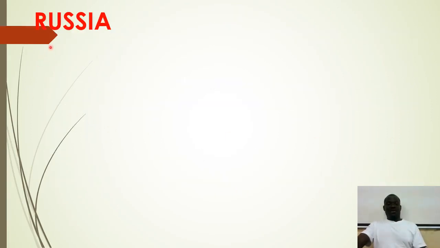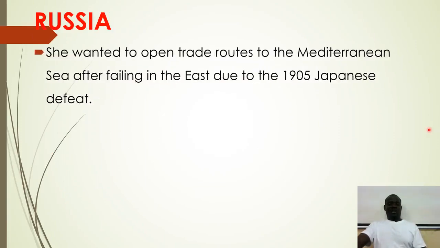And Russia was also interested in the affairs of the Balkan region. Why? She wanted to open trade routes to the Mediterranean Sea after failing in the East due to the 1905 Japanese defeat. In 1904-1905, Russia, we also pointed out this, was defeated by Japan.